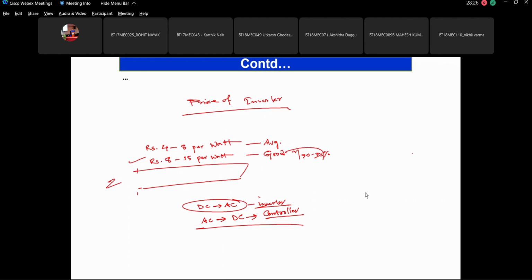What is the function of charge controller? Type there in the chat box. Other than conversion of energy, what other functions of charge controller are?